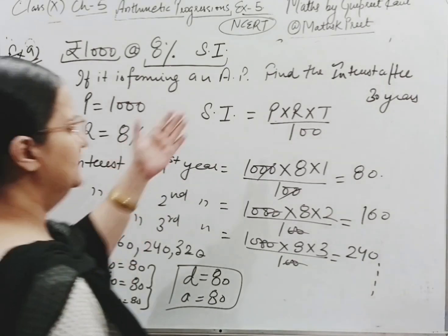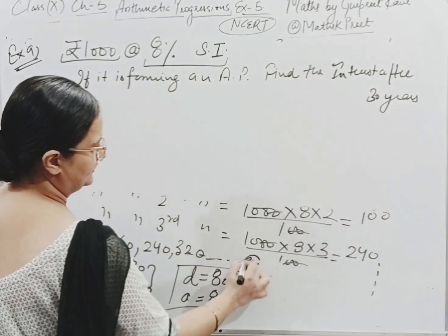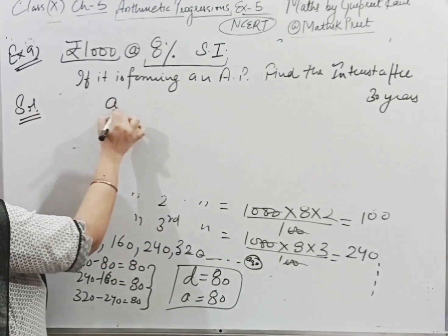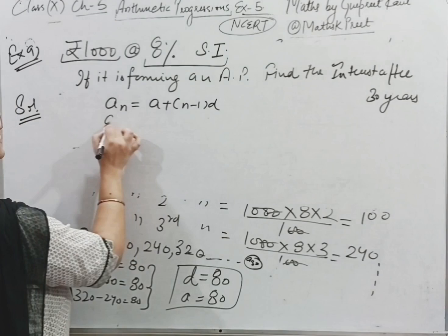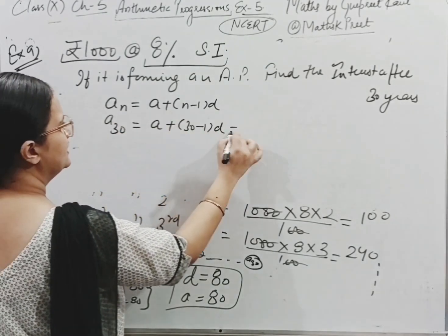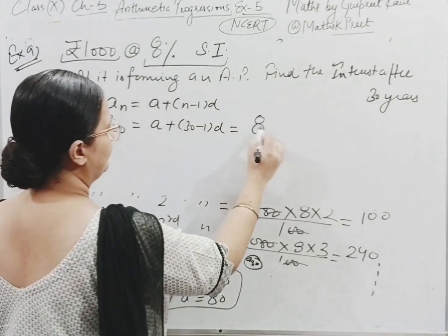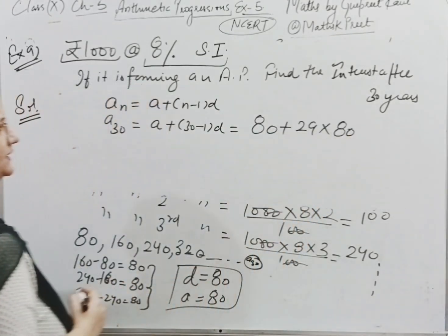Here we have to check the interest after 30 years. I have to calculate a30 basically. So to calculate a30, we know the formula: an is equal to a plus n minus 1 d. So a30 is a plus 30 minus 1 into d. The value of a is 80, plus 30 minus 1 is 29, and d is 80 again.